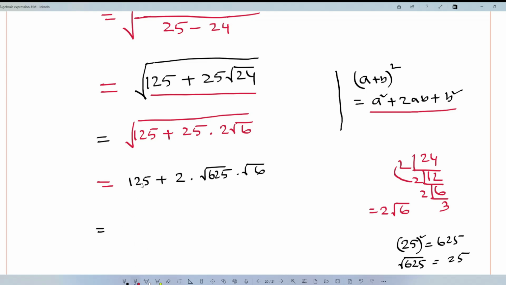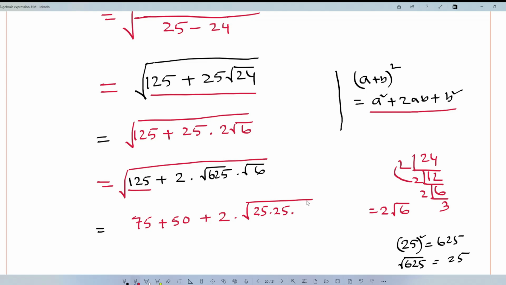Here 125 we can write 75 plus 50, and this is 2, and this 625 times 6 we can write as 25 times 25, and this 6 we can write as 3 times 2.